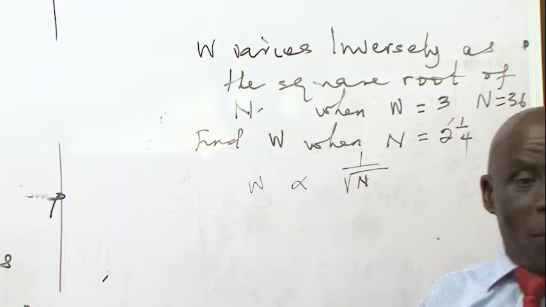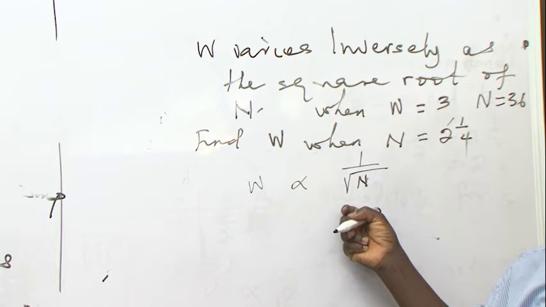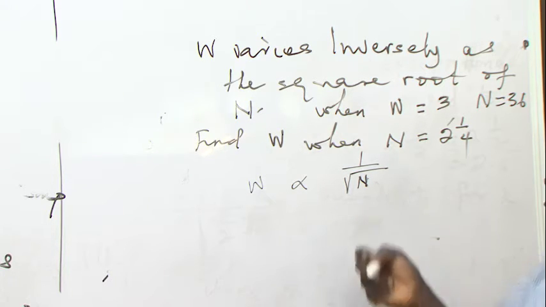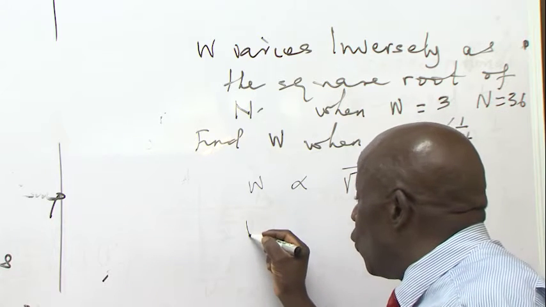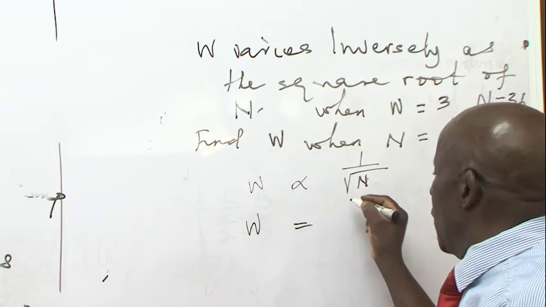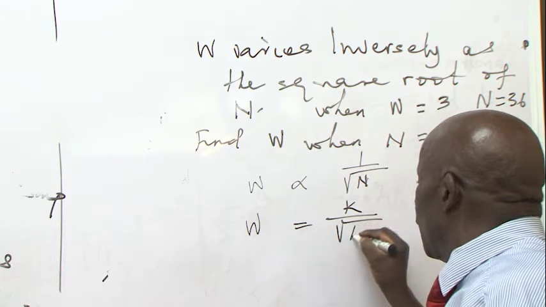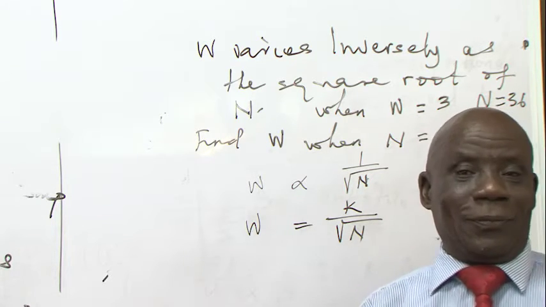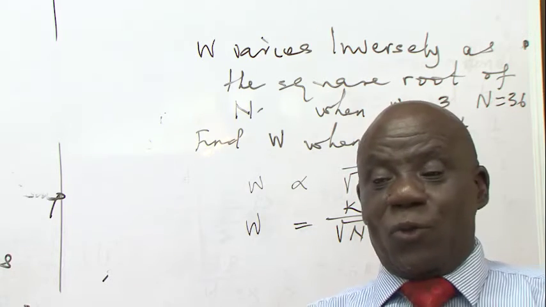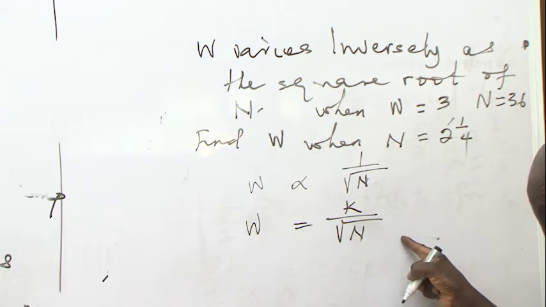Honestly, they will give you 1 mark for writing this, because they know careless students will say W is equal to 1 over the square root of n. Then for saying W, remove the proportionality sign. It becomes K all over what? The square root of n. They give you another 1. Even at SSC level. But at Becker level, because we want to encourage you, this one will be 1, this one will be 1.